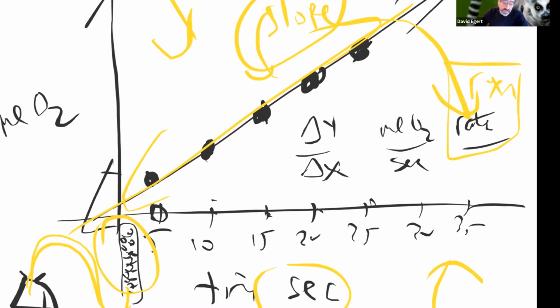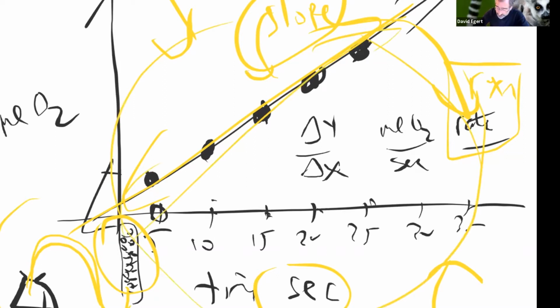You've got to get the data to start with, but then you have to graph out the data, and you actually have to do a best fit line, and then you have to do a slope calculation. If you've been in, like, Chemistry 114, you do this kind of stuff. This is a classic way to approximate a reaction rate. I think in Chemistry 110, they don't do this.